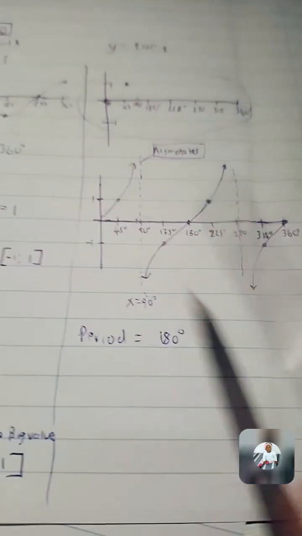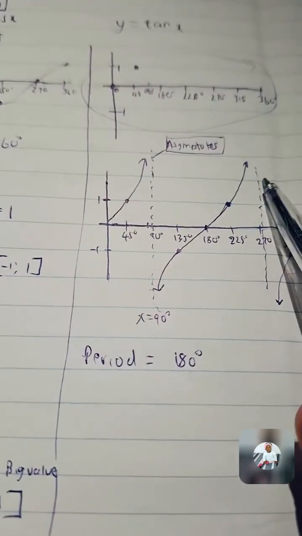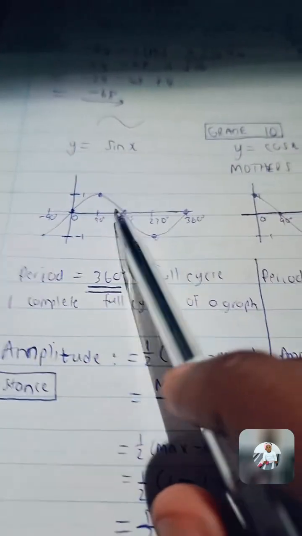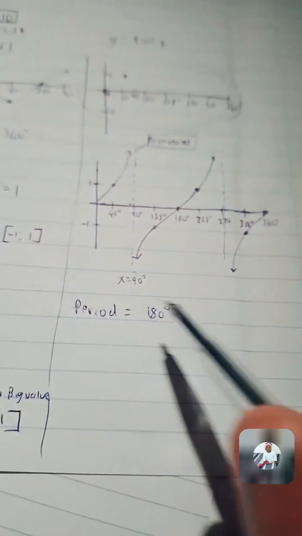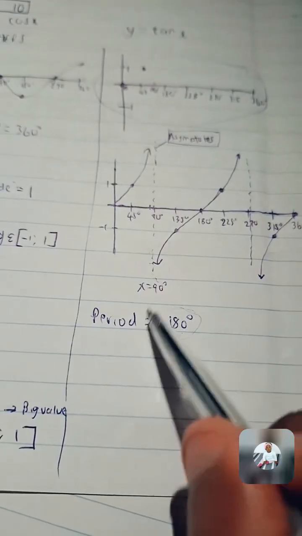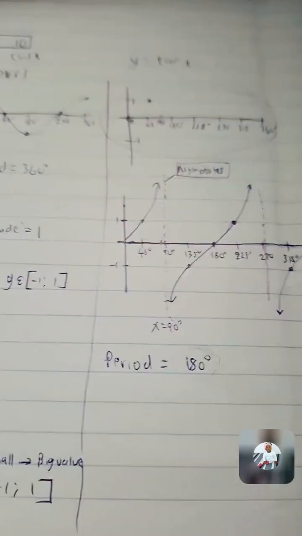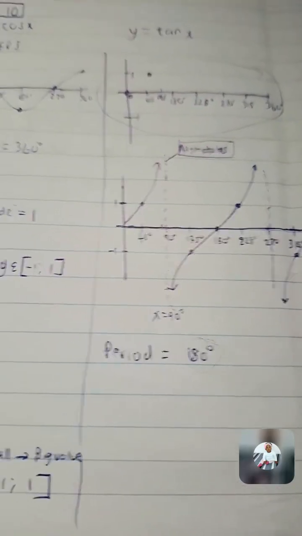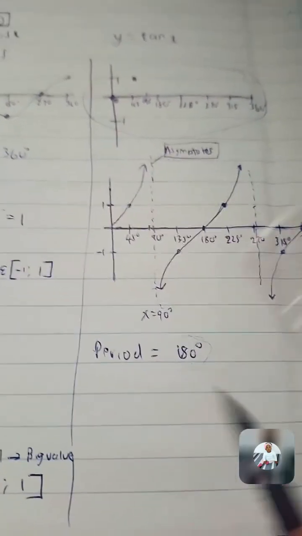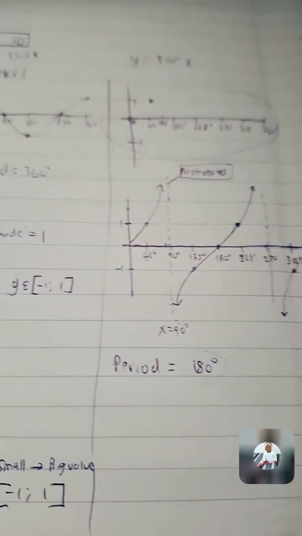So that's why we say the period of the tan graph is 180 degrees. It is not 360 like the other two mother graphs, sine and cos, but it's 180. When we know that, this will further assist us with trig equations where we have to find the general solution, because when we know the period, it relates back to those aspects. Obviously, knowing the period will also assist with other questions for grade 11s, grade 12s, and so forth.